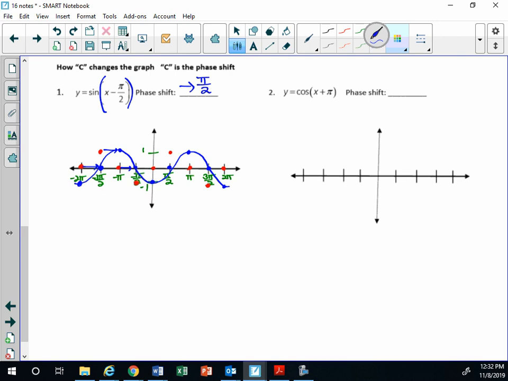If you don't know your parent graphs yet, this is going to be hard, okay? Because it comes from starting with the parent graph every single time. And then I shifted right pi over 2. So do you see the red dots? Ticking it right by one. One tick mark, yeah. If you can go by half. Half a pie.